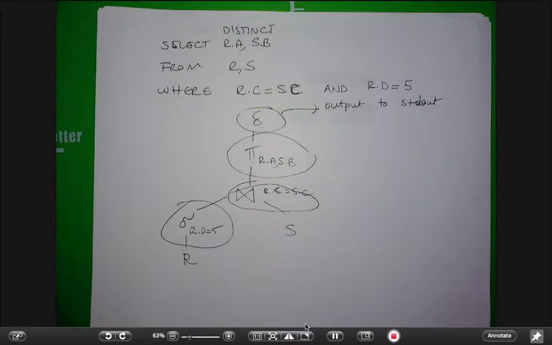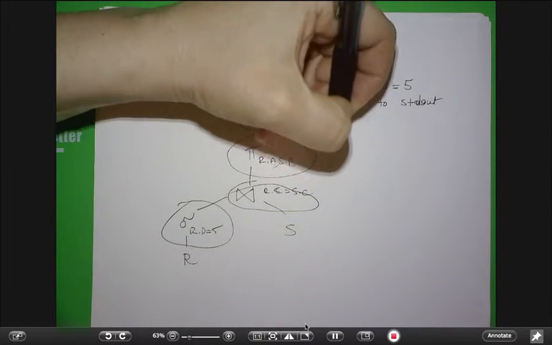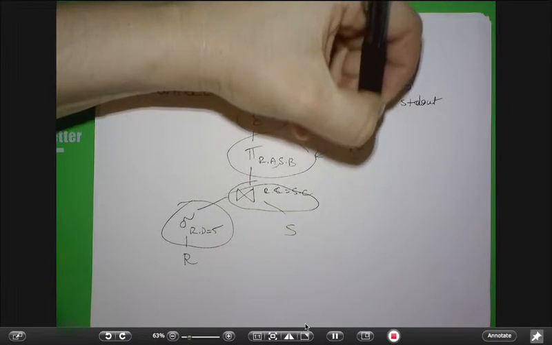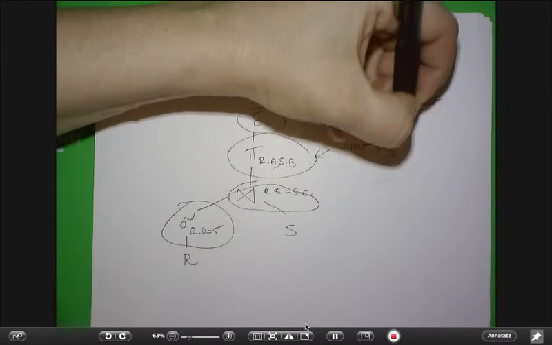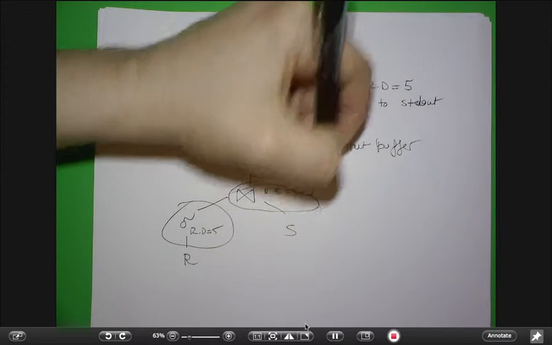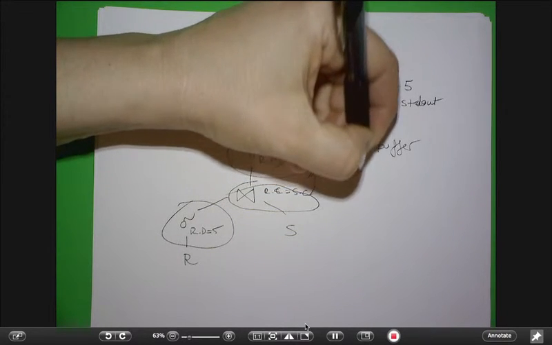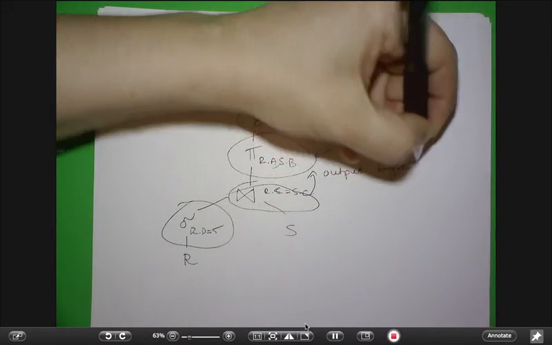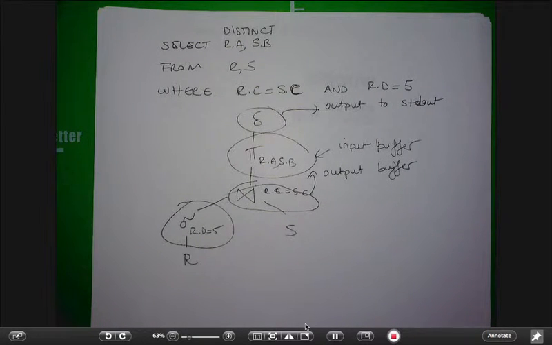So the input buffer for this is actually the output buffer for this. Whenever I have the join and I find tuples in the join, I put them into the output buffer. That output buffer happens to be the input buffer for the projection, that it will take and do things with.